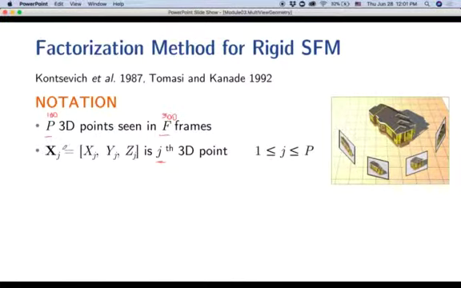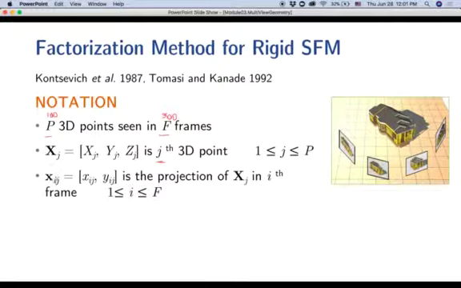Then you have small x, but I'm using two indices now, ij, because there is a small x for every world point, but it's also seen in every frame. So I'll have different values of small x. Take the first point: it will be seen in the first frame, the second frame, all the way to the 300th frame. So there are 300 representations of the first point in the image, and then 300 for the next point, and so on.